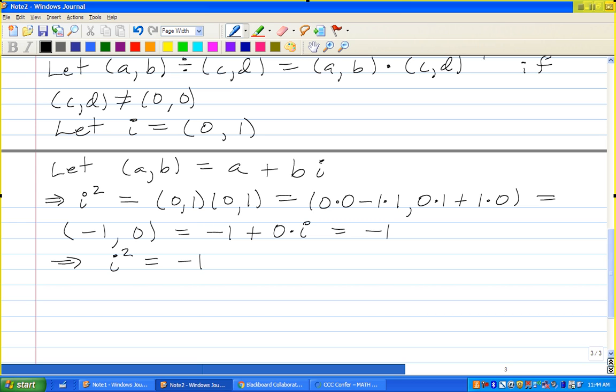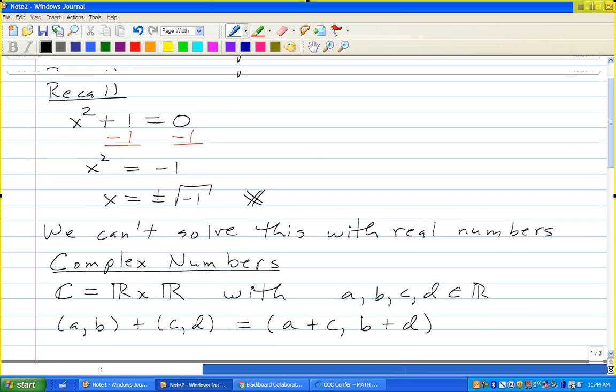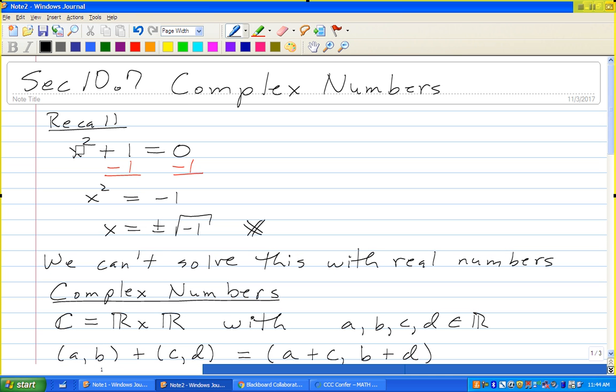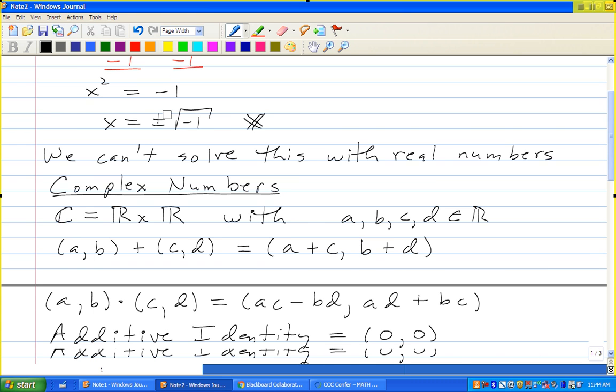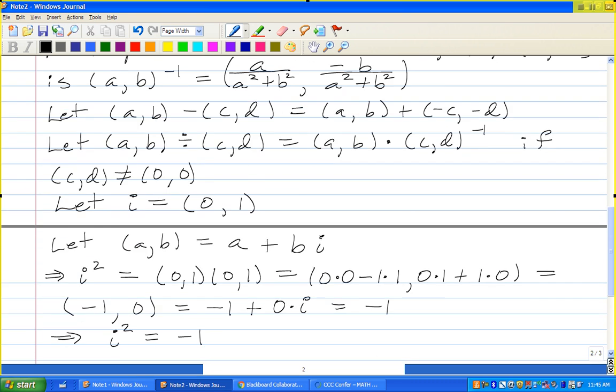And so we've made sense of something that could satisfy this equation. Because if you just plug in i, you get that i squared plus 1 is 0. And so we can actually make sense of the square root of negative 1.